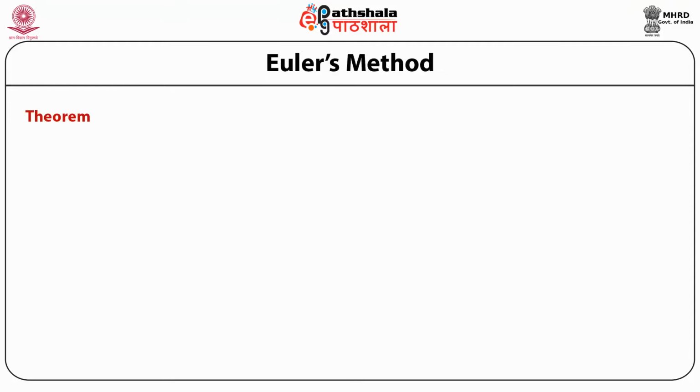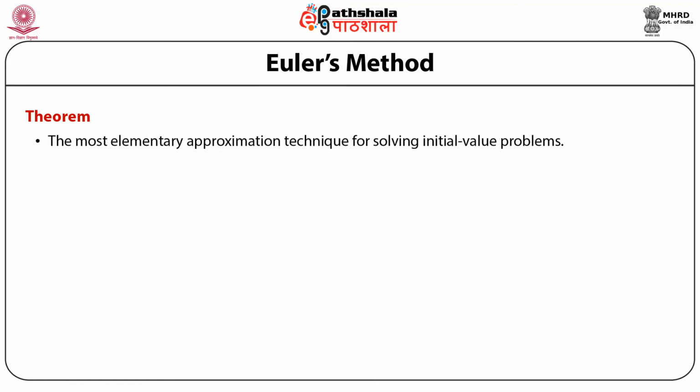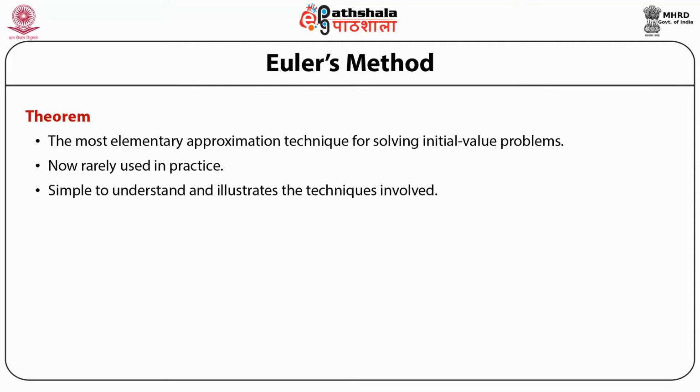Euler's method. Euler's method is the most elementary approximation technique for solving initial value problems. But now, rarely is it used in practice. It is simple to understand and illustrates the techniques involved.